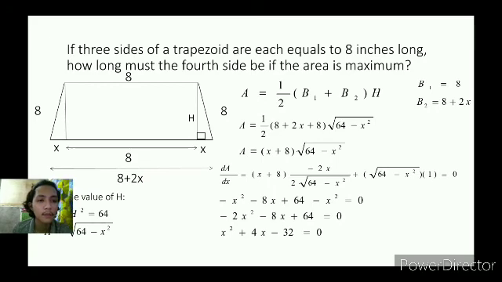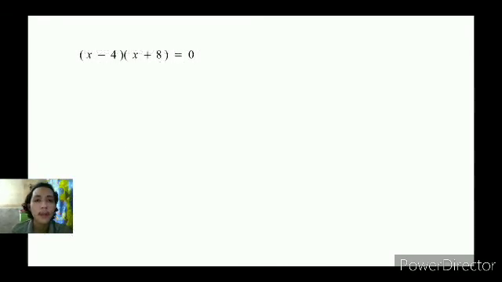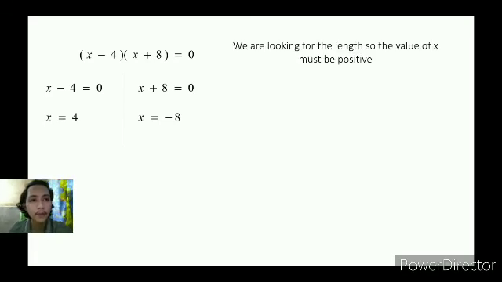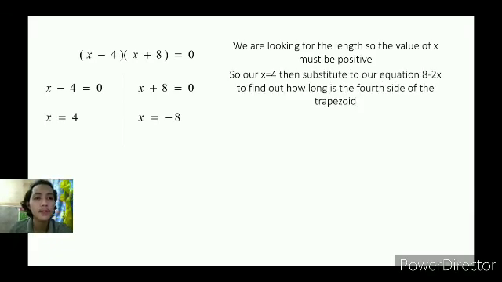And as we can see, it is factorable. So we will now have (x minus 4) times (x plus 8) equals 0. So for x minus 4, we have x is equal to 4, and for x plus 8, we have now x is equal to negative 8. We are looking for the length, so the value of x must be positive. So our x is equal to 4.